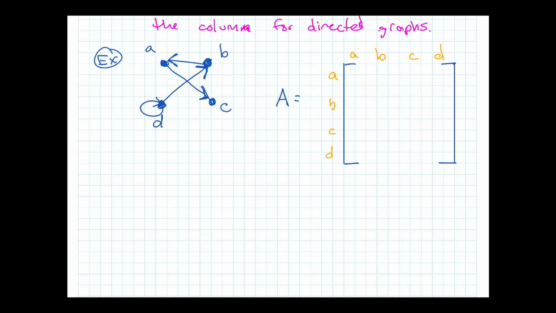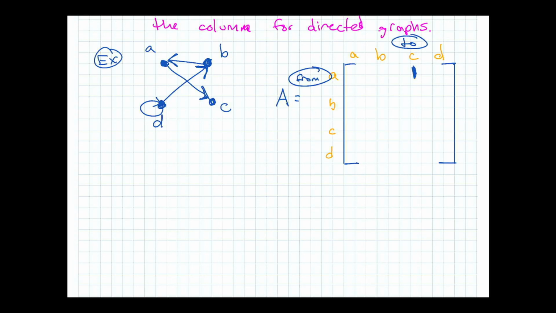So if you're looking at vertex A, you have B to A that doesn't count. We're going A to C. There's an edge from A to C. So that would be here, because this is the from, and this is the to.